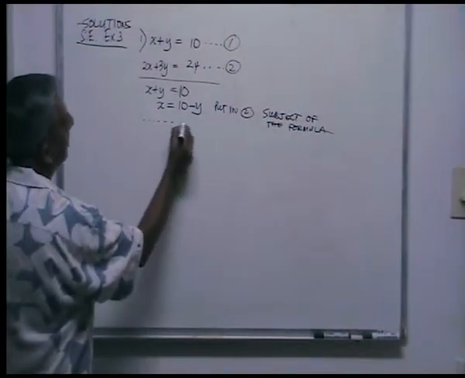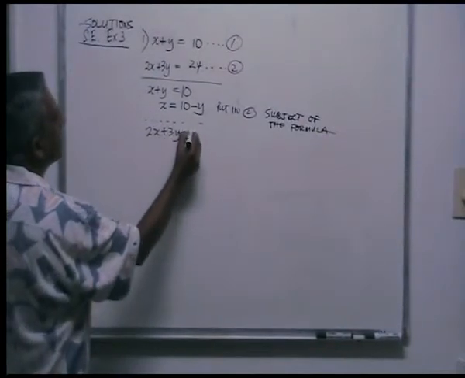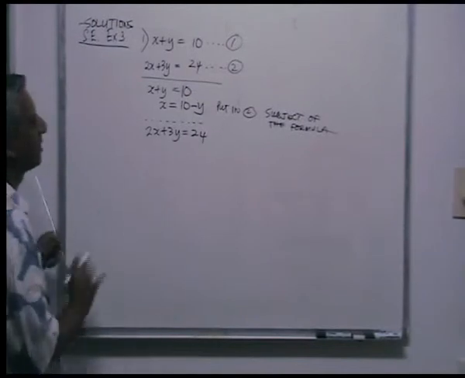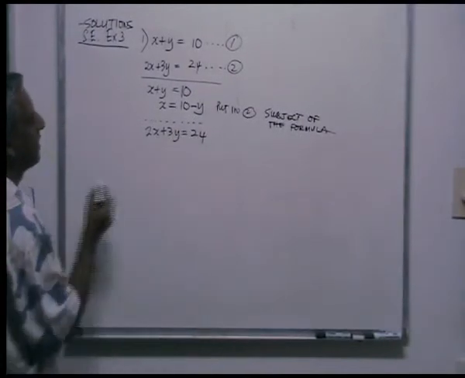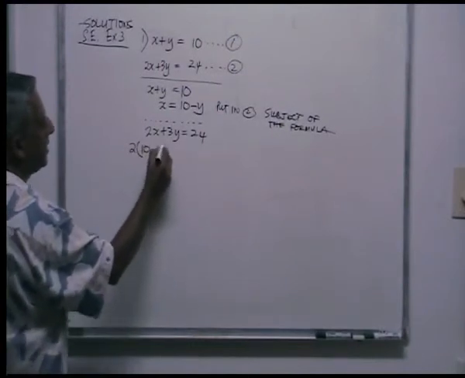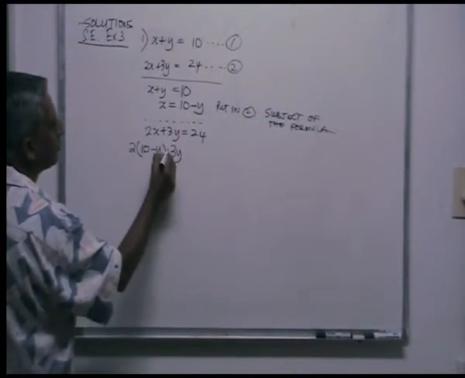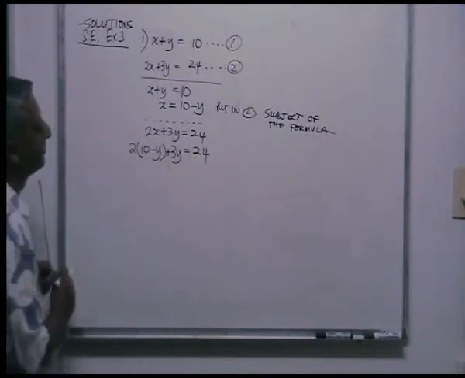So let's write number 2 down. 2x plus 3y is equal to 24. Sometimes you just make this little mark so that you don't get confused. Now, where there is x, you must write 10 minus y. So 2 times 10 minus y plus 3y is equal to 24.